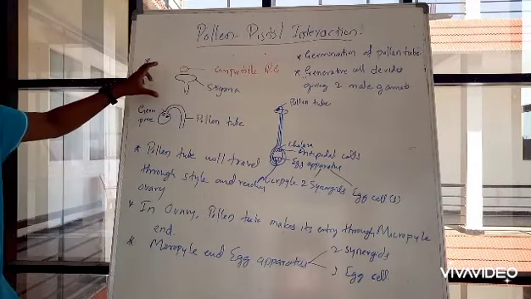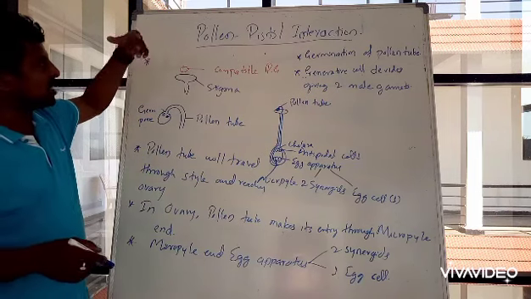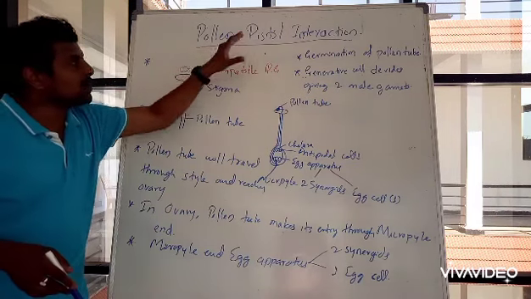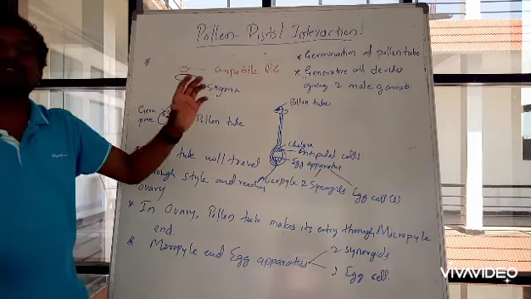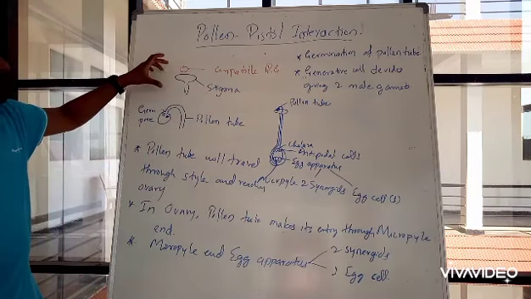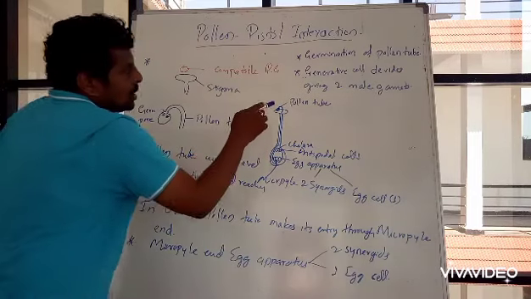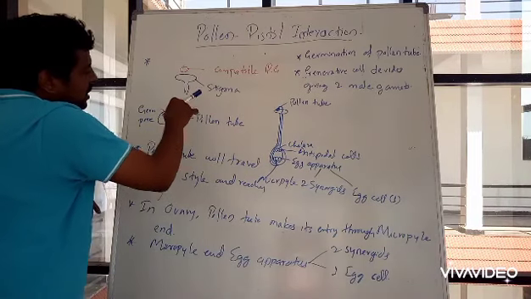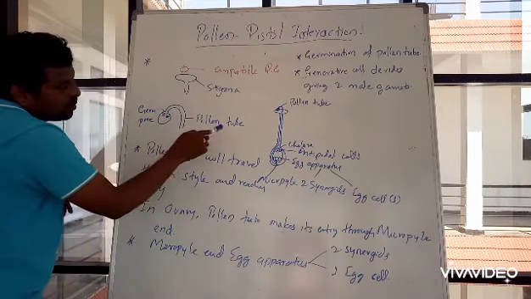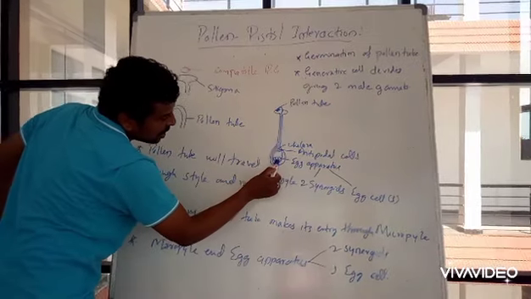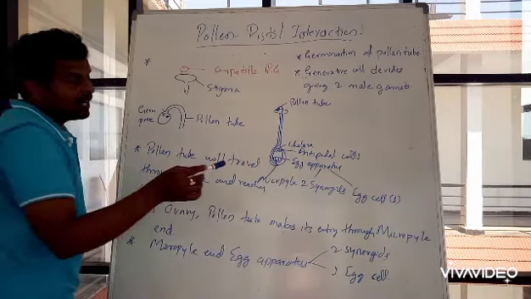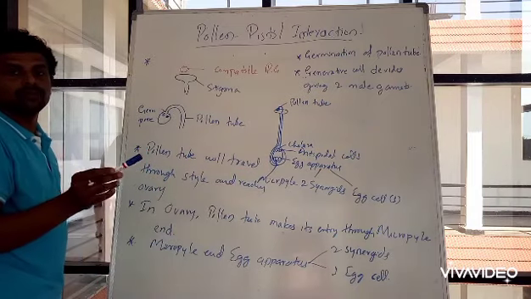Pollen pistil interaction means the events which take place from the deposition of pollen grain on the stigma until the pollen tube reaches the micropyle end of the ovule.